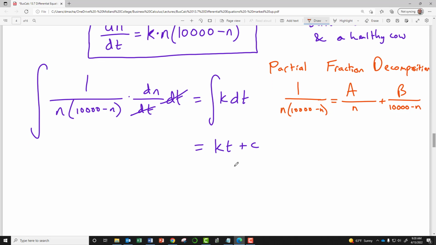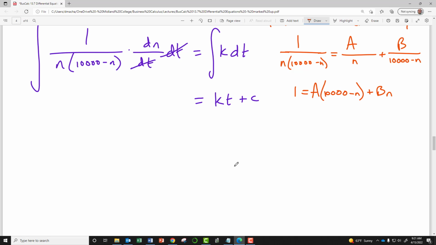Let me multiply both sides times the denominator on the left-hand side. So the left-hand side would then become 1. The right-hand side becomes a times 10,000 minus n, plus b times n.